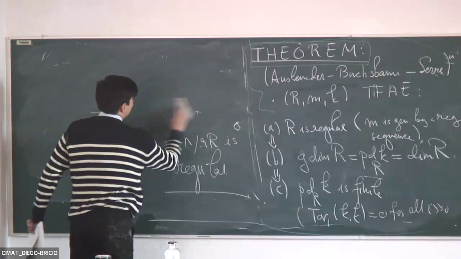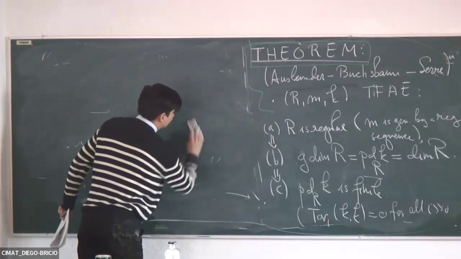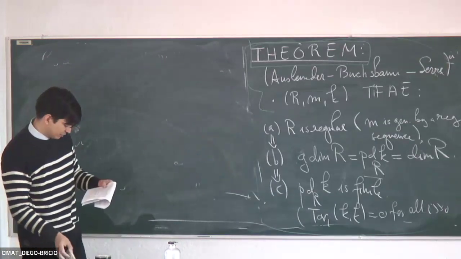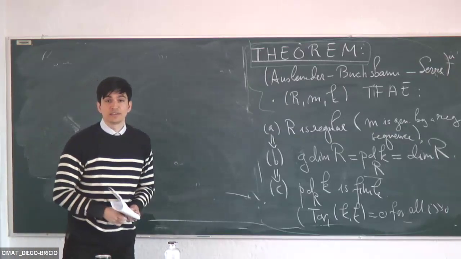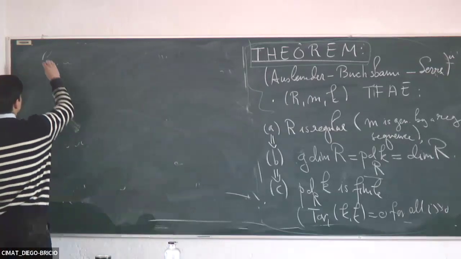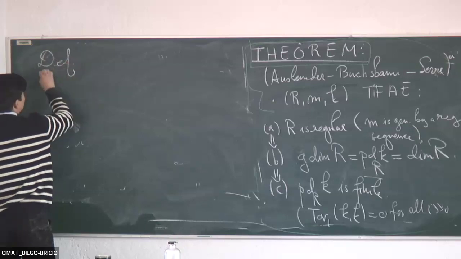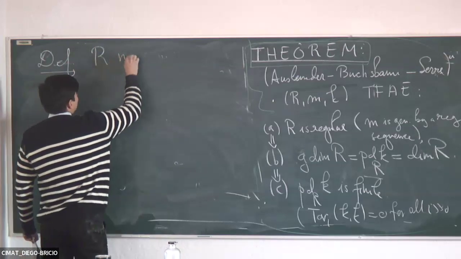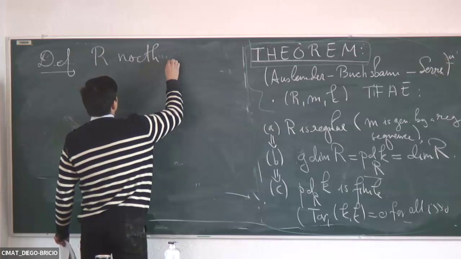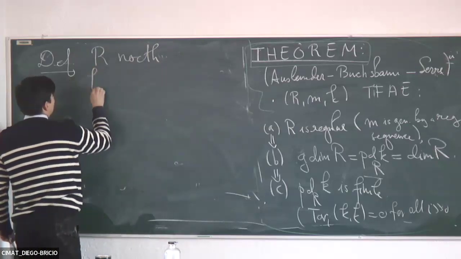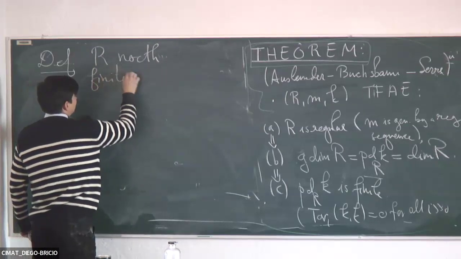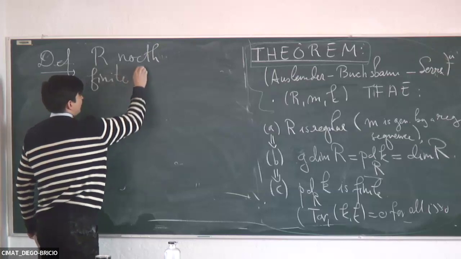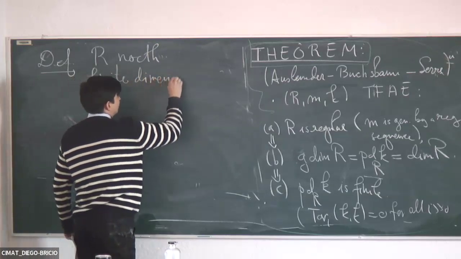So now we can define what a regular ring is. I can do that in a few minutes. So thanks to this, the following definition makes sense. Definition. Take R a Noetherian, finite dimensional ring. Remember, Noetherian only implies finite dimension in the local case.